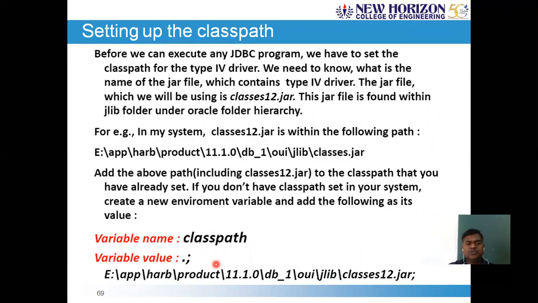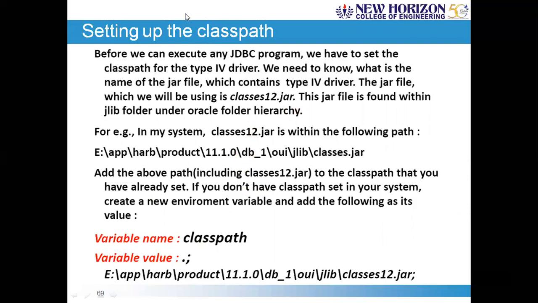There is a very important observation you are supposed to make always when you are dealing with a JDBC program. Before doing the JDBC program, we should do this configuration. This configuration should be done like this: classes.jar. This is a very old technique.